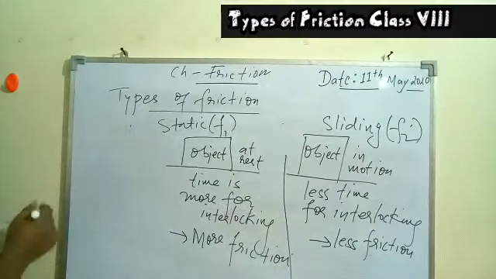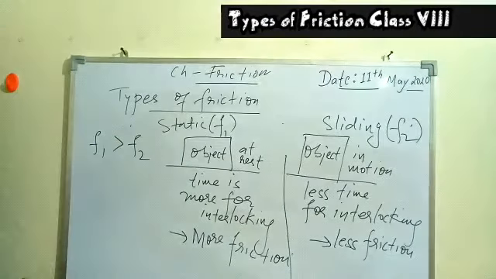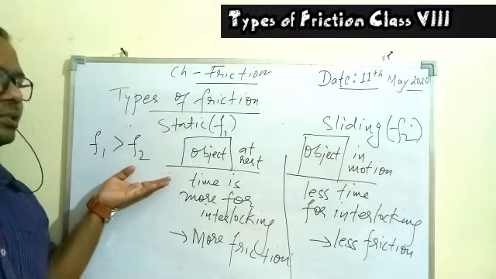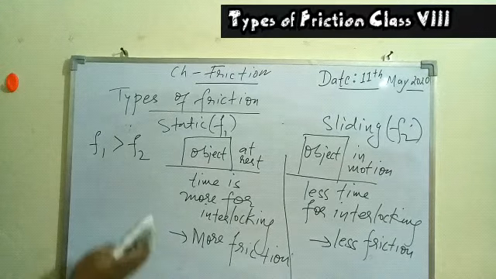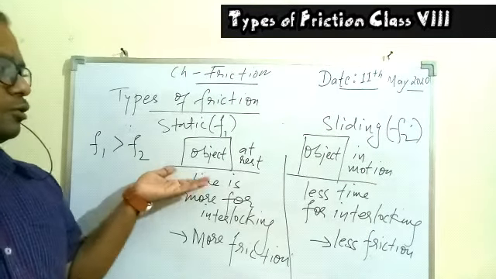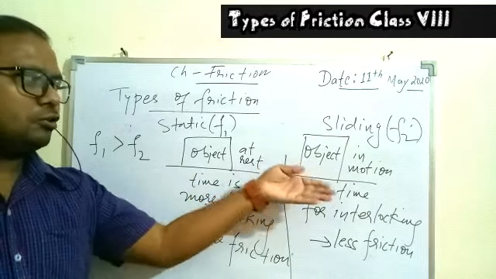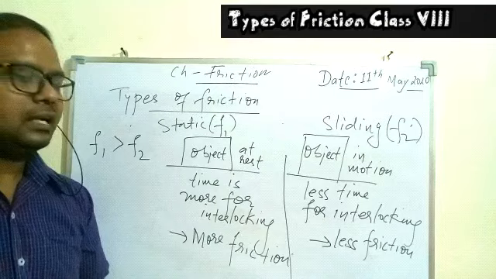It is understood that the static friction will be greater than the sliding friction. So that is another concept that we should know. The static friction is always greater than the sliding friction. Why? Because when the object is at rest, it gets more time to get interlocked, and when the object is sliding, it is in motion, it gets less time to get interlocked.